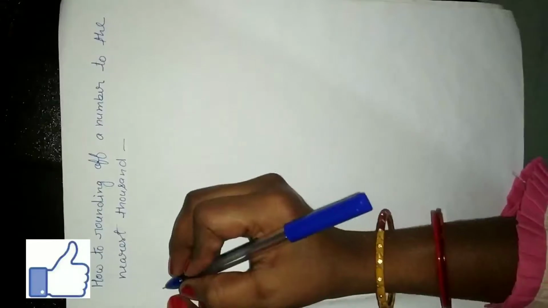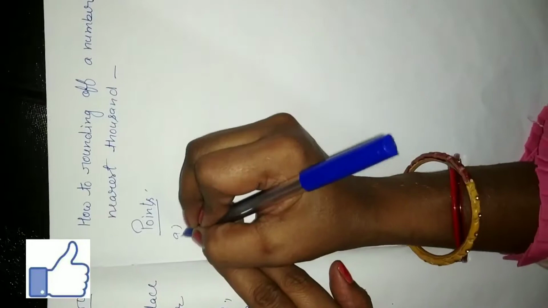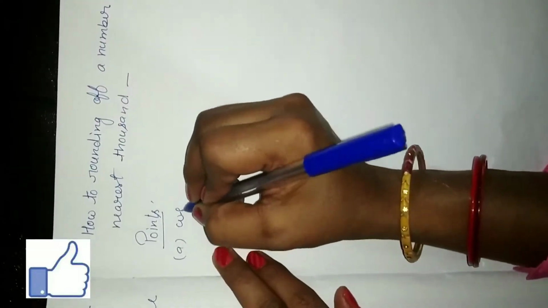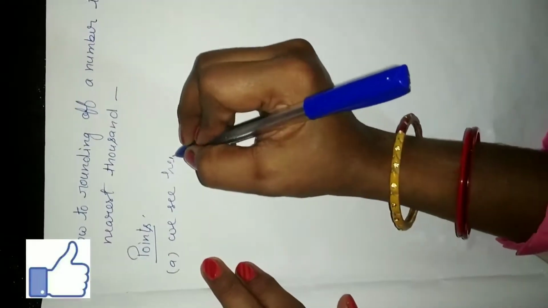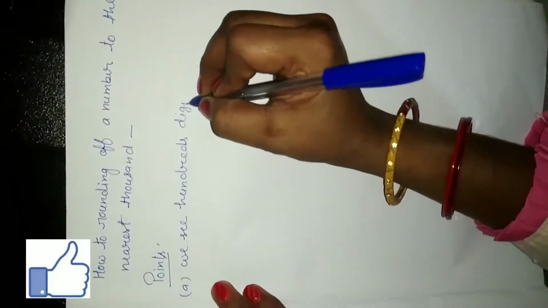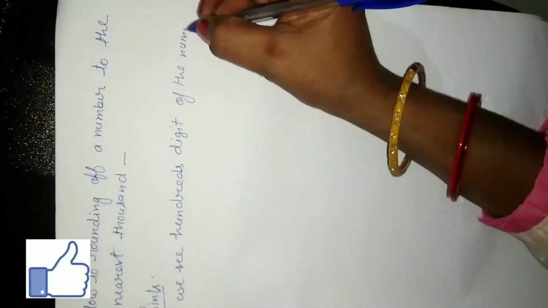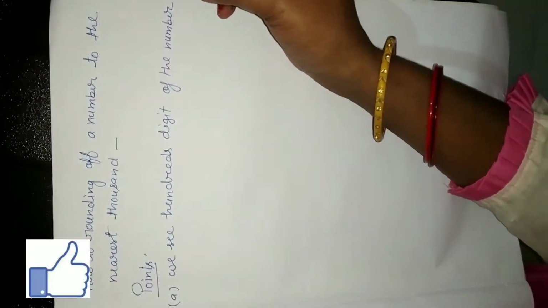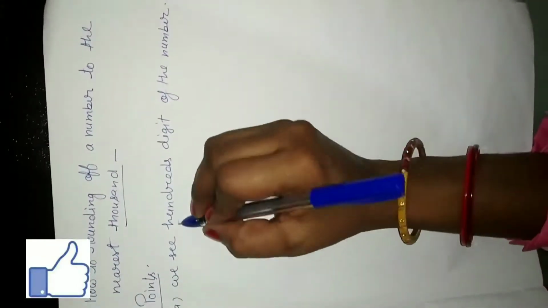What are the important points? Number 1, we see the hundreds digit of the number. In nearest to 10, we see the unit digit. In nearest to 100, we see the tens digit. But in nearest to 1000, we see the hundreds digit.